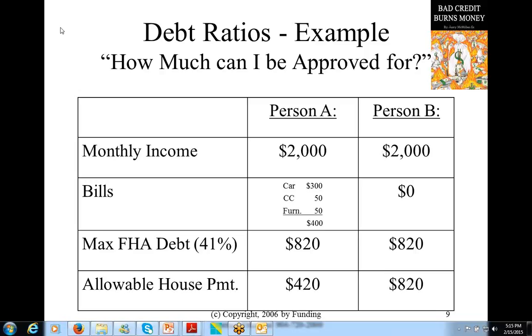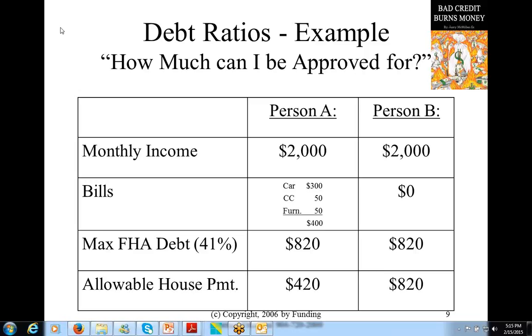One person's got some bills, got a car payment, credit cards, furniture, $400 worth of obligations already committed. Second person has none of those payments. So with an FHA mortgage, maximum debt ratio 41%. So their debts, including their house, need to fit within that $820.